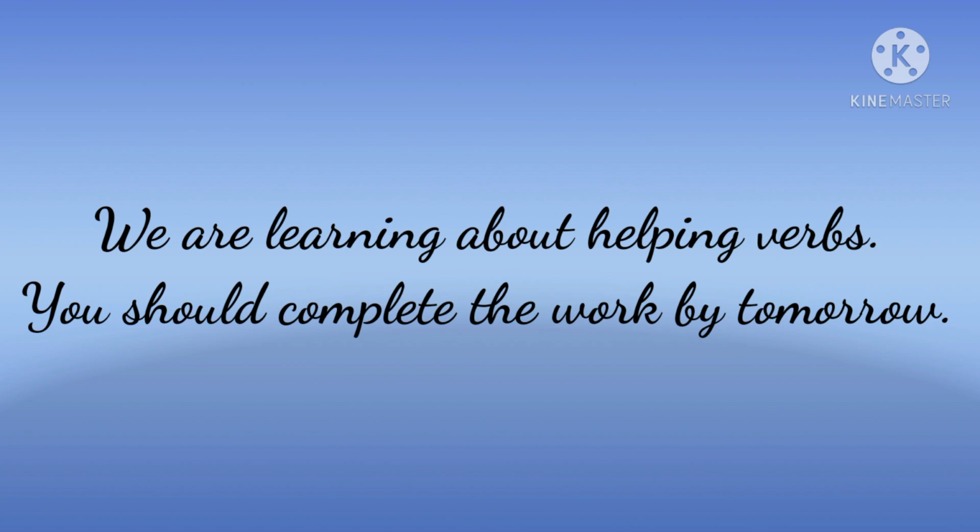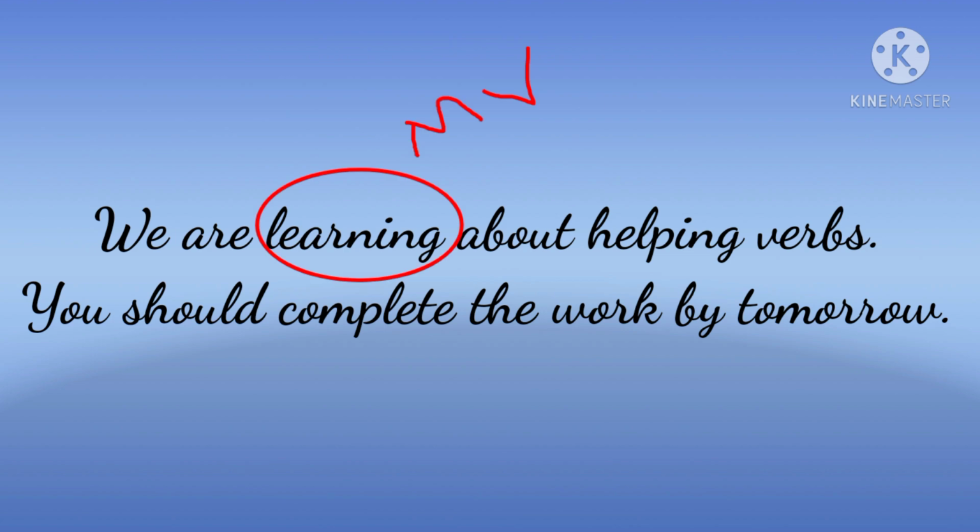Children, here which are main verbs and auxiliary verbs. In the first sentence, which is the main verb, children? Yes, learning. We know helping verbs help or support the main verb. Here the main verb is learning.